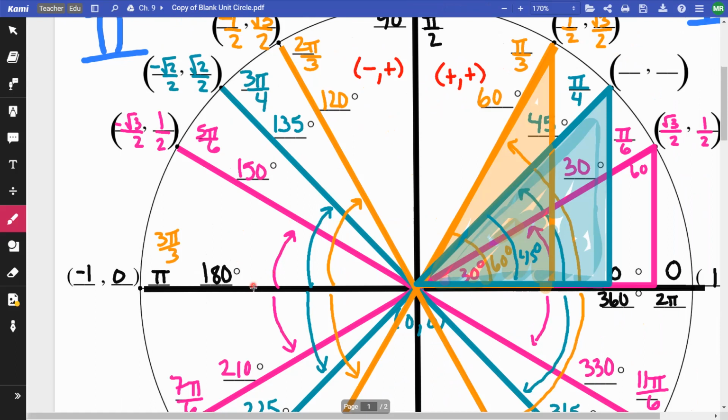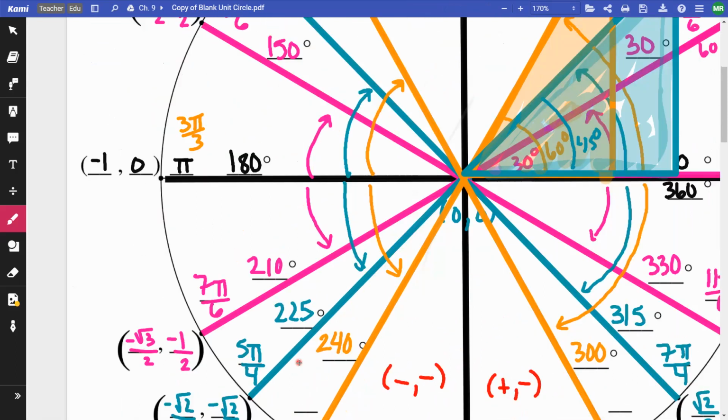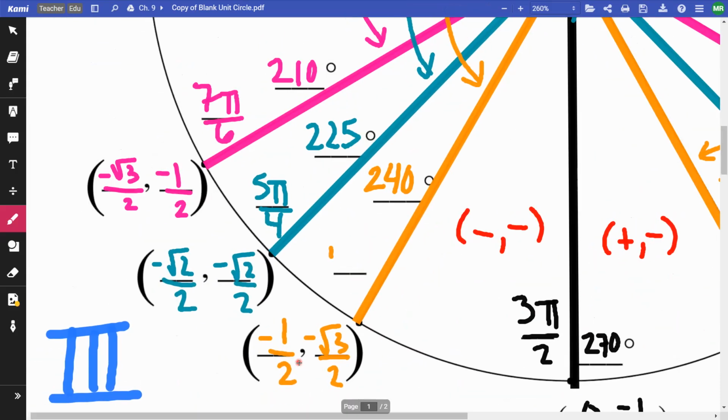Which means when I go this direction, I'm going to be pi thirds beyond 3 pi thirds. I'm going to be at 4 pi thirds. We all getting this down?